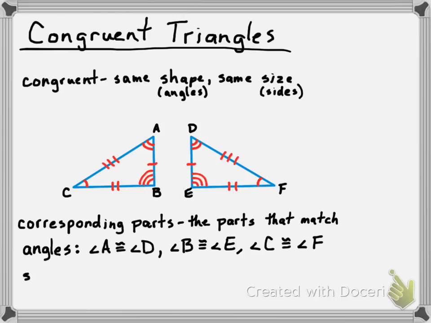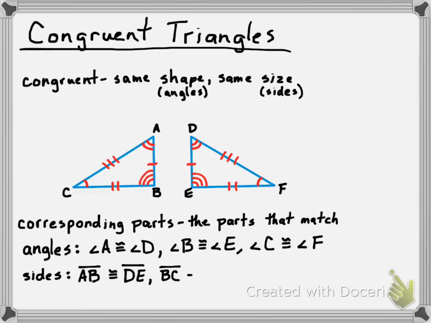Okay, then I also have corresponding sides. So I need to be able to identify them as well. Okay, I see that side AB is congruent to side DE because the side that's from A to B has one tick mark and the side from D to E has one tick mark.